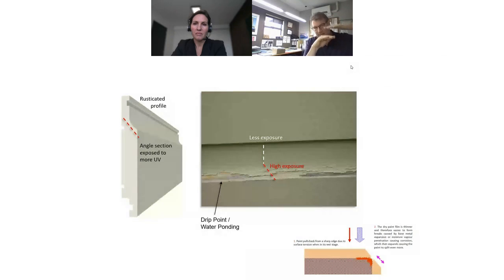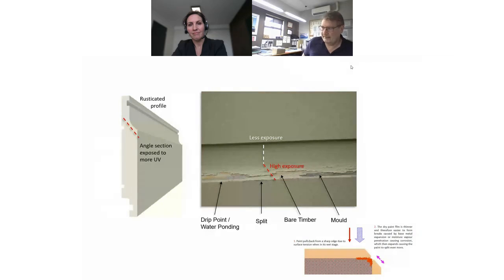The thinner paint can't move and expand as much, so it splits, and then the water gets in and expands it even more. And then, of course, the paint splits and more water gets underneath it, and then it gets right into the cell structure, comes back up and pushes even the primer off. So that's why the primer pops off. And then our friend, the mold, can grow.